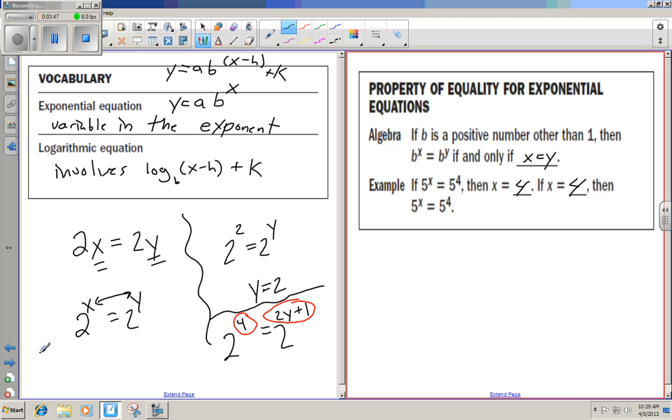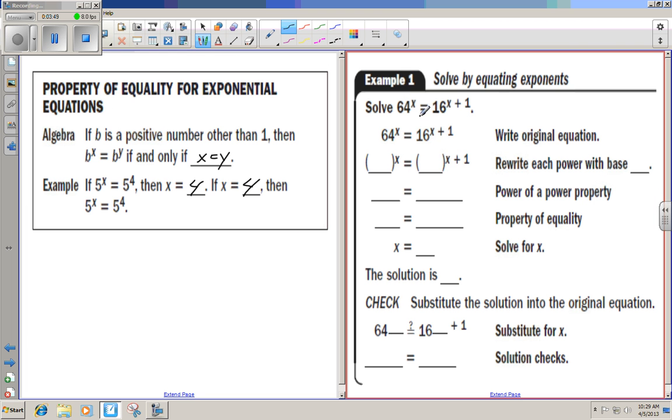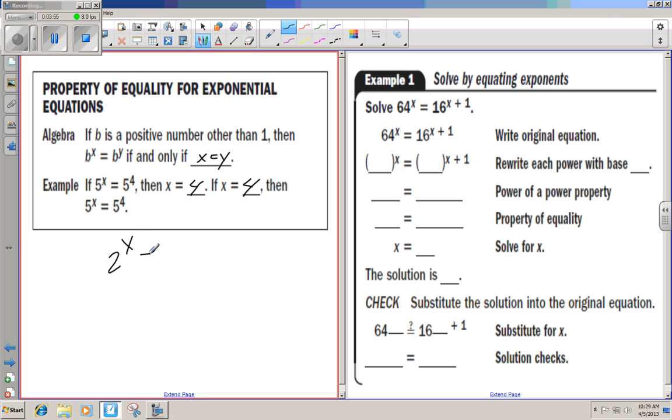So let's take a look at the first example from the note-taking guides. Actually, I'll do a couple quick ones here. If you have 2 to the x equals 2 to the 3rd, then the answer is x equals 3. Now, this is the real reason. This is the logic. You just assume that they're equal.